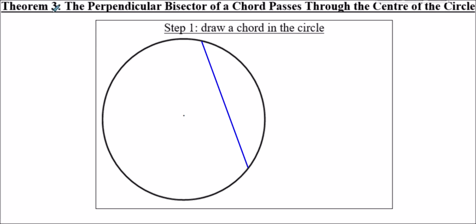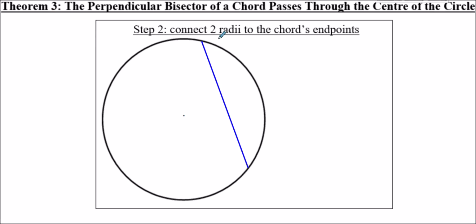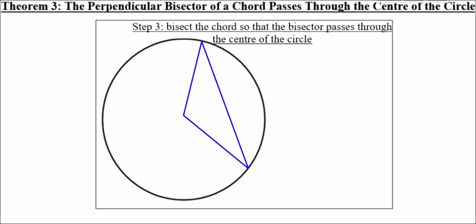You don't have to do yours like this, you could have drawn it anywhere, but like I say, ignore the centre if you can. Second step, connect two radiuses to the chord's endpoints. So we need a radius here and a radius there. So one radius joined in, then the other. Step 3, we're going to bisect the chord so that the bisector passes through the centre of the circle.